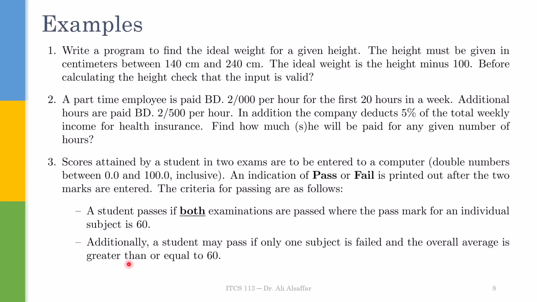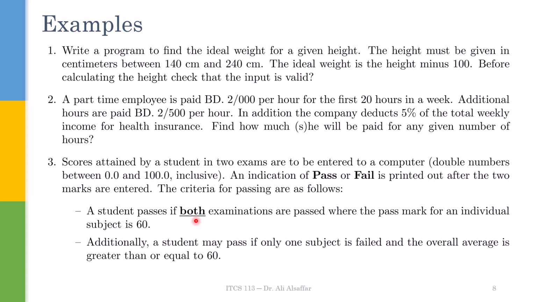Additionally, a student passes if only one subject is failed and the overall average is greater than or equal to 60. Now, if both of them are not pass, we have 3 more cases. Maybe the first exam is pass and the second exam is fail, or the first exam is fail and the second exam is pass, or maybe both of them are fail.